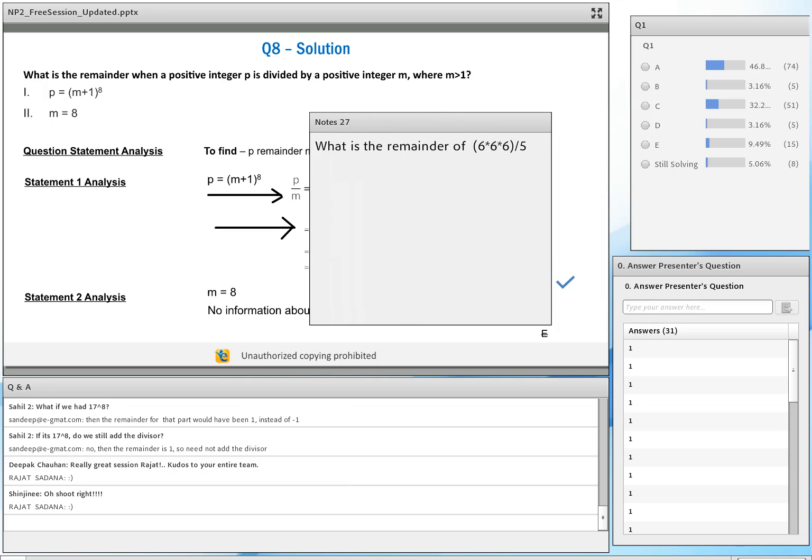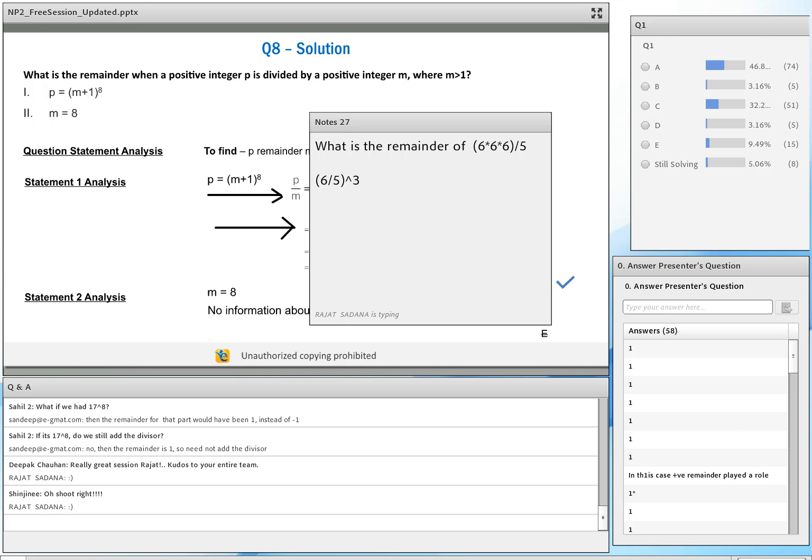The answer is 1. How did you get that? You really said, okay, let me just do 6 divided by 5 and raise that remainder to the power 3.